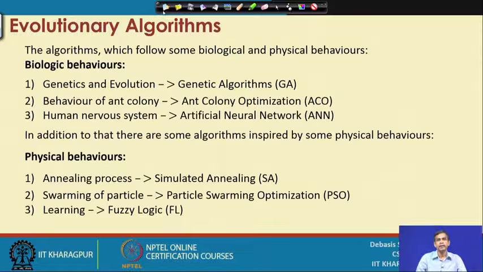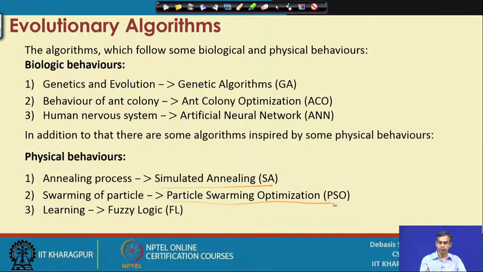There are also some physical behaviors, how matter works. The annealing process is one process which is used to prepare metals, and if we follow the annealing process to solve an optimization problem, it is called simulated annealing, abbreviated as SA. Now, how particles swarm in a stream or flow, the same concept can be followed to solve another type of optimization problem.